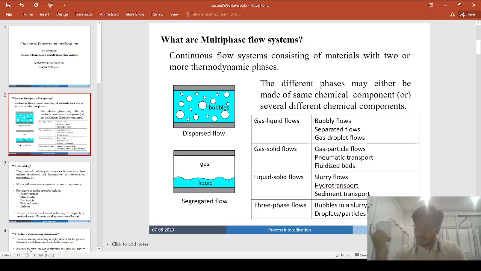Now we can classify this multi-phase flow system into different flow systems based upon how many phases are involved and what type of phases are involved. To the general public, the phases which we can easily see in our daily lives are three phases: gaseous phase, liquid phase, and solid phase.